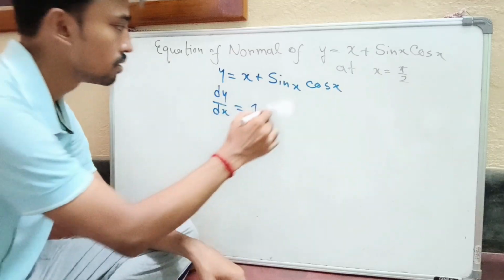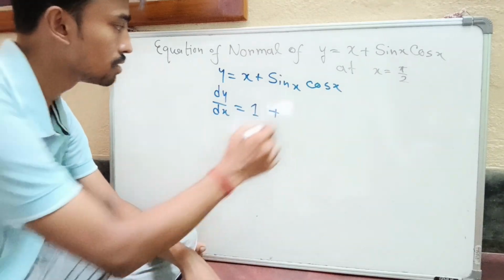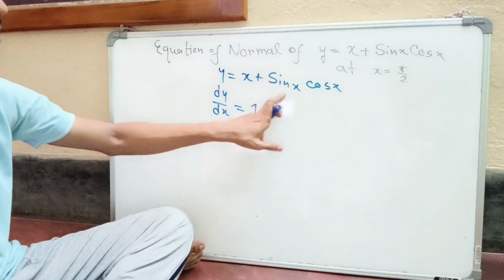The derivative of x is 1, then plus, and for this we can apply a new method: sin x cos x.